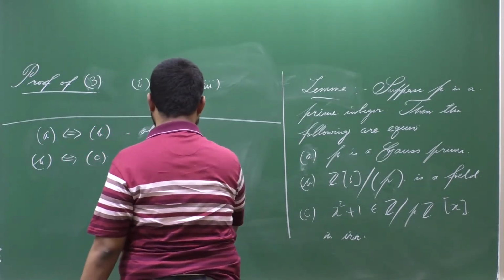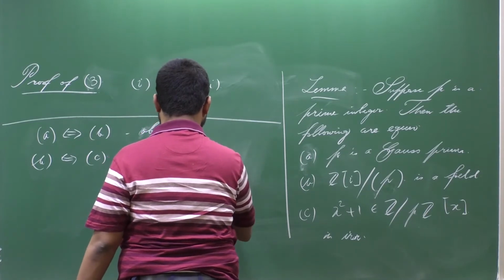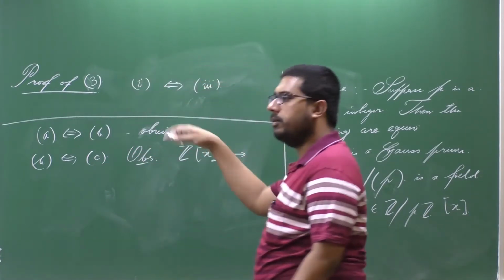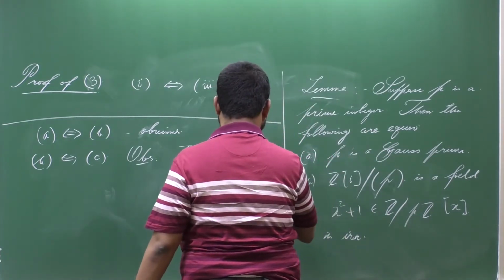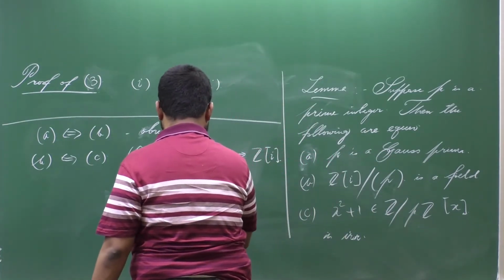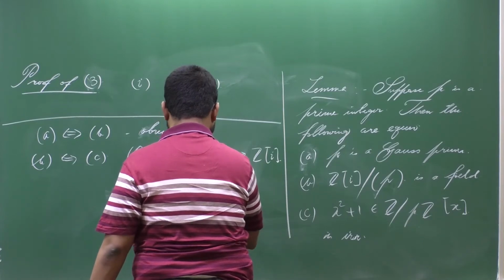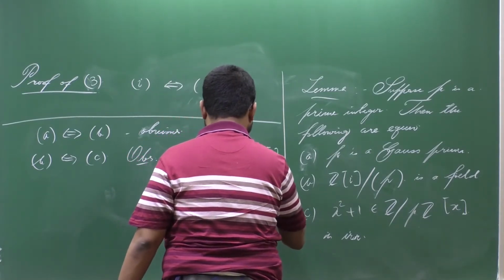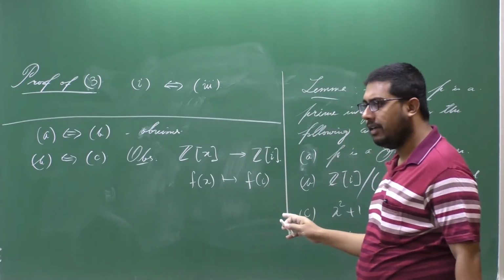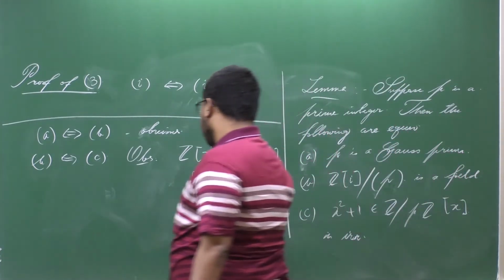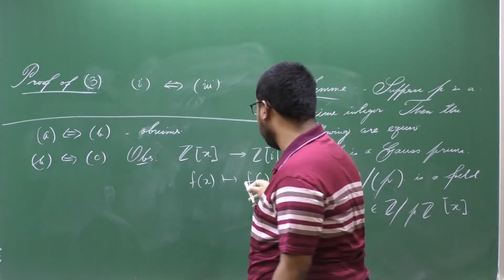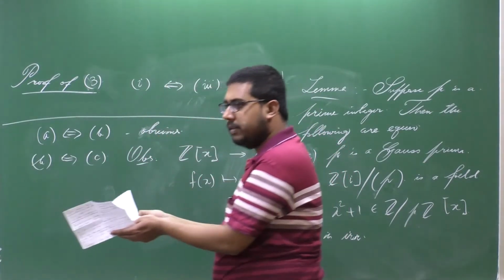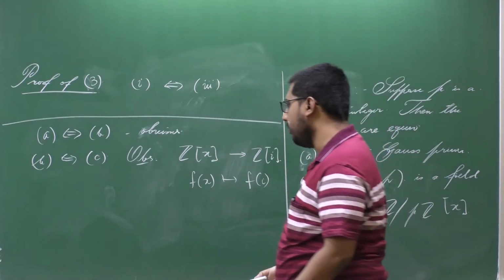The justification I am leaving to you; you just have to use what has been told to you earlier. We consider the map that sends each polynomial f(x) to the evaluation at i. This is a homomorphism from Z[x] to Z[i], and the kernel is the principal ideal generated by x square plus 1.